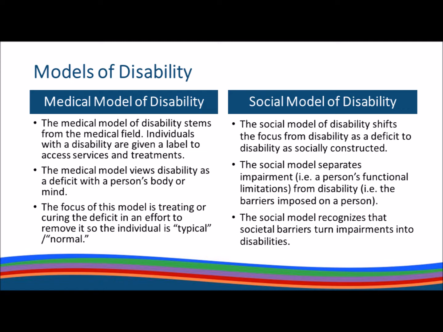Our most important takeaway here is that through the social model of disability, we recognize that societal barriers can turn impairments into disabilities. In other words, it's often the policies or the systems and procedures in place that disable the individual. Let me give you an example.